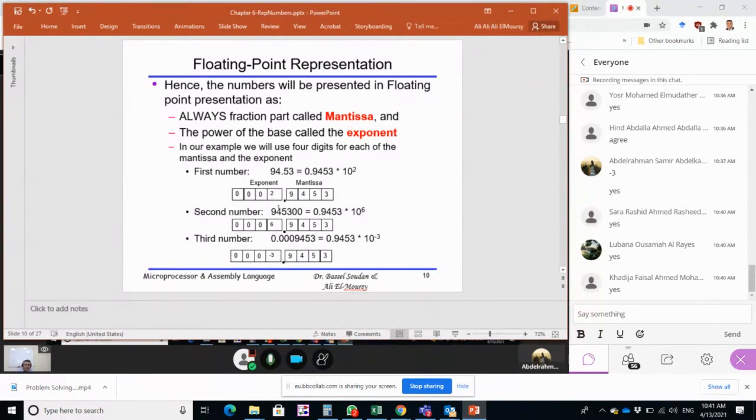Now this big number, if I write it in this notation, I can simply take the digits of the number, store them here in the mantissa, and take this 6 and store it in the exponent part here. Did I succeed to write the very big number or not?